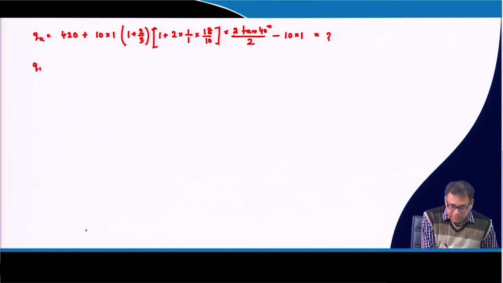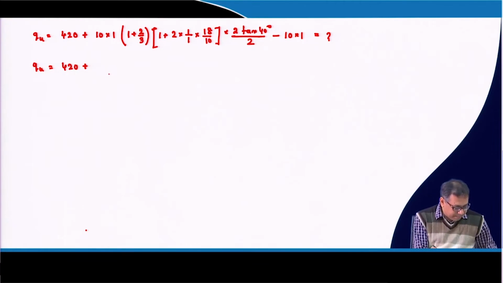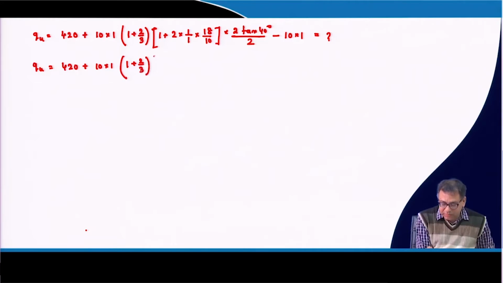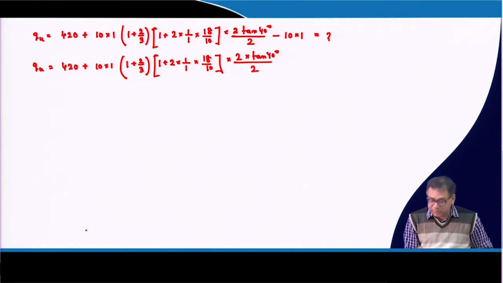QB will be, again I am just writing that, you do the calculation later on, that is half into 10 into (1 plus 2 divided by 3), (1 plus 2 into 1 divided by 1) into 18 by 10 into 2 into tan 40 degree divided by 2. Now, minus 10.